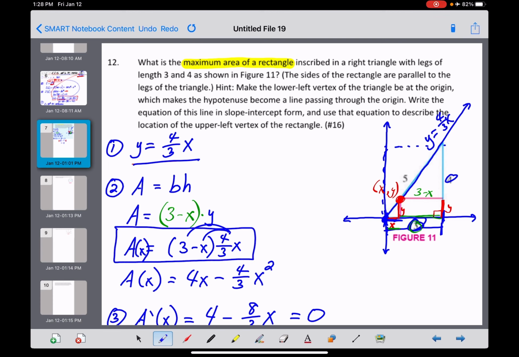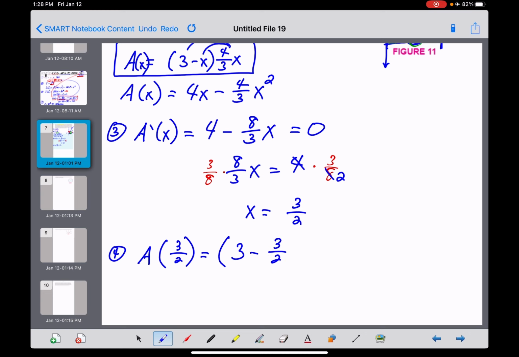So as I'm moving on to step 4, here we go. Area of that rectangle, when x is equal to 3/2, is equal to, in parentheses, 3 minus 3/2, and that's going to get multiplied by 4/3 times an x value of 3/2 again. What does that do for us, guys? This is 3 minus 1.5. It's another 1.5, so that'll be 3/2 there.